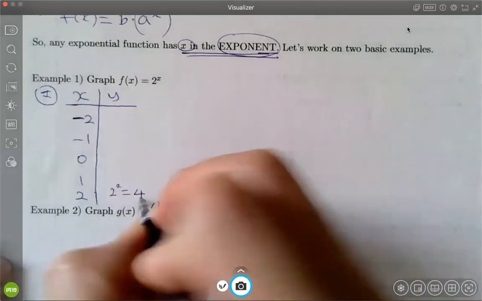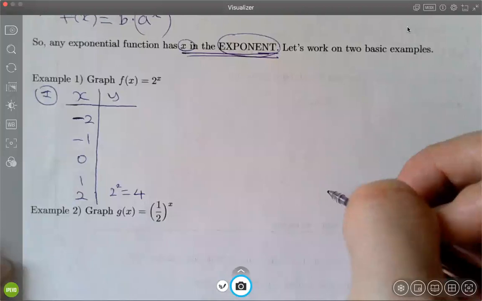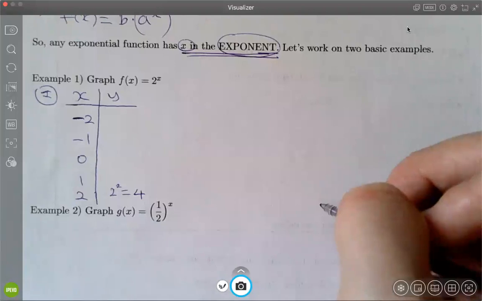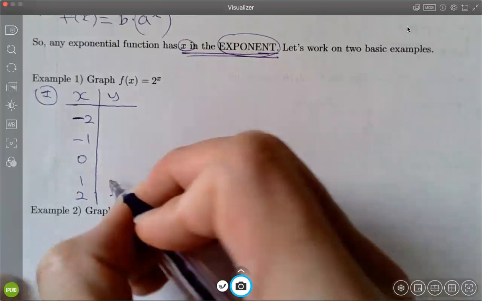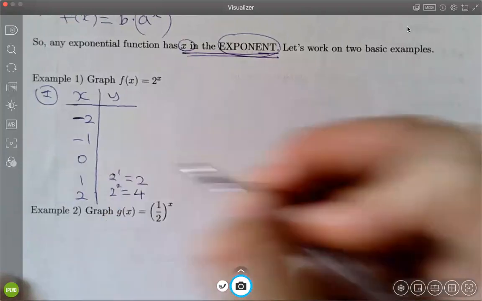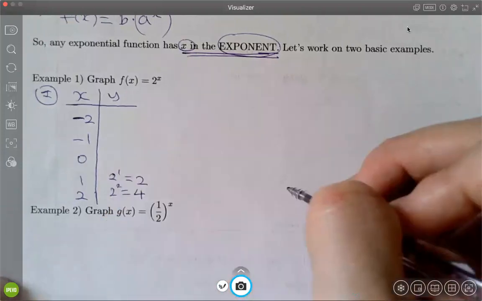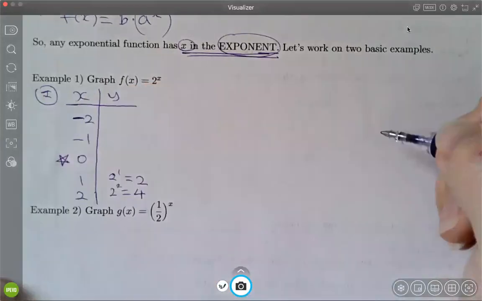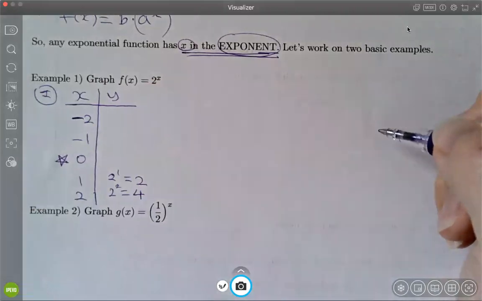And when x is 1, what's the value of y? 2. 2, right? 2 to the first power. And now, when x is equal to 0, what's the value of y? 2 to the power 0, right? What is 2 to the power 0?